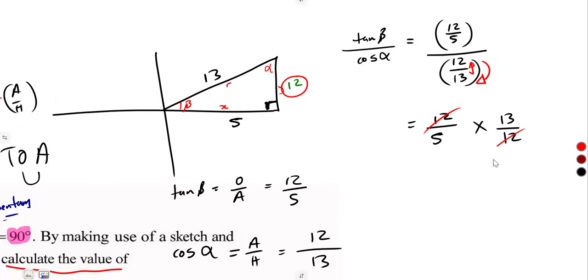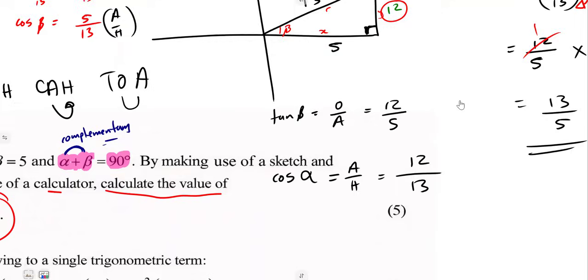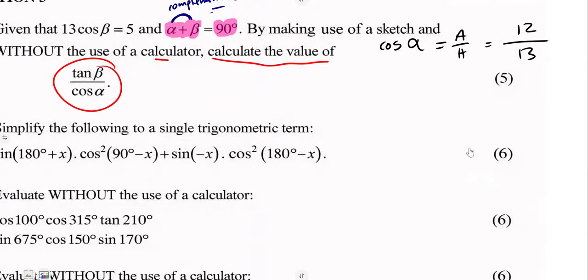So these two, as we can see, they can cancel. And that's going to be 1 and 1. 1 times 13, that's 13. 5 times 1, that's a 5. So this is the value representing tan beta over cos alpha. It can be evaluated directly. So it's all about revision. All right. Let's consider another one.